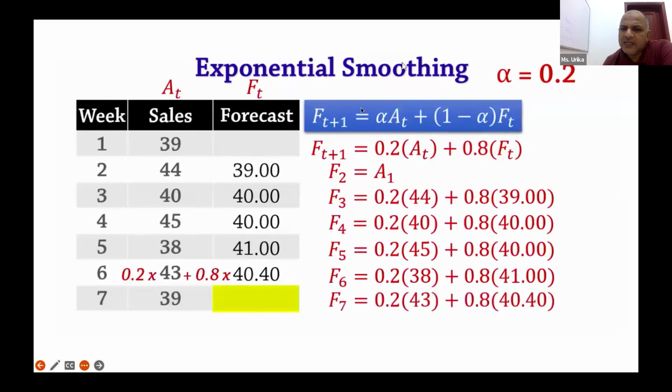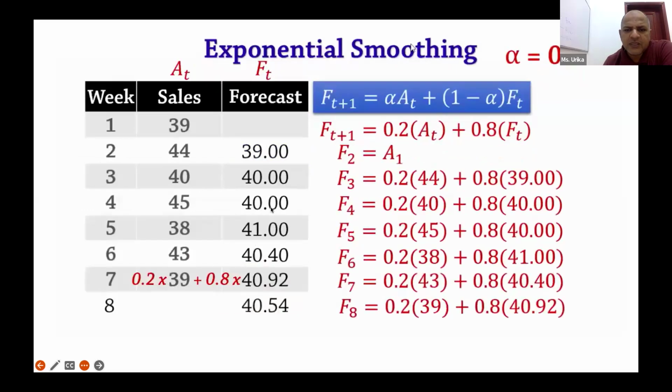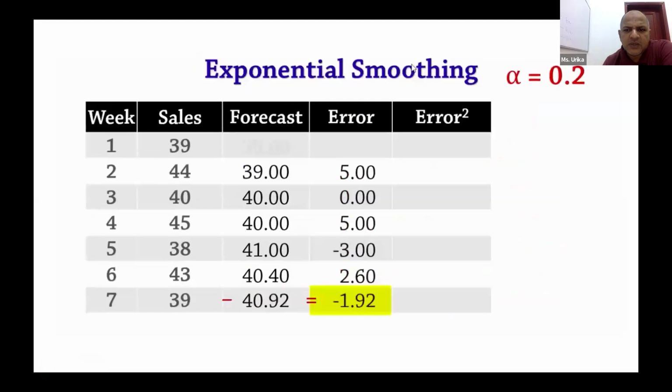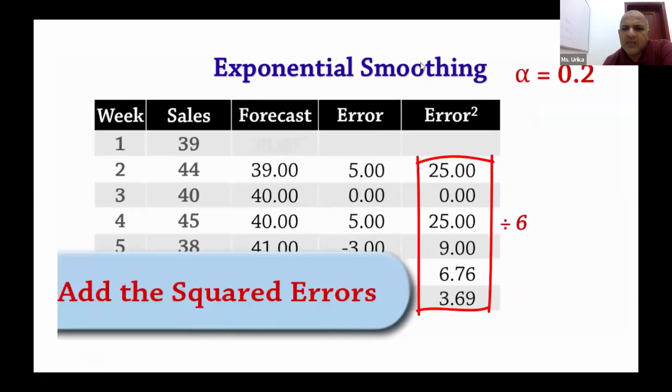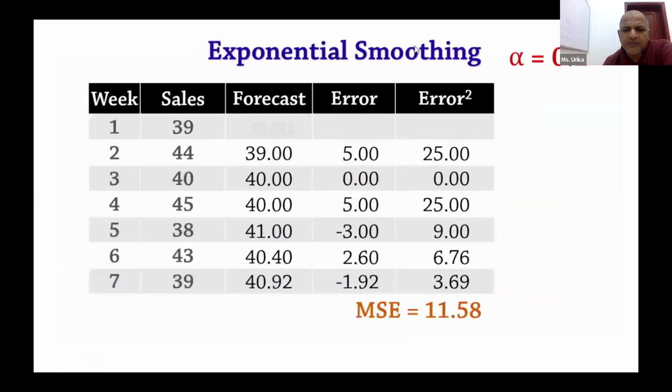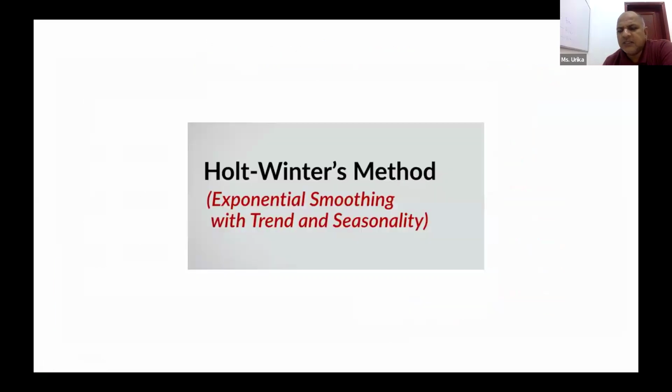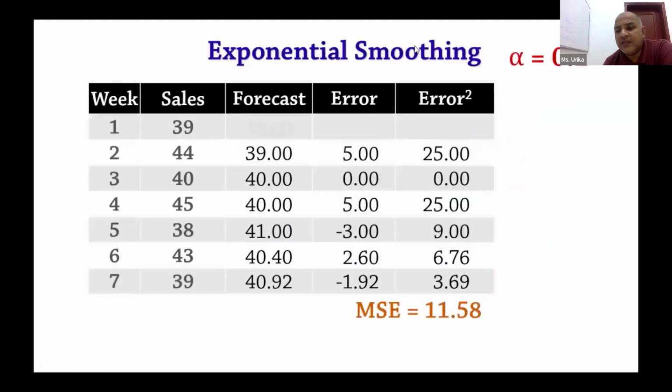Scientifically they have formulated this, and your forecast is here. From this, you are going to calculate the error, and then error smoothing is going to come. This is the way the calculations are done.